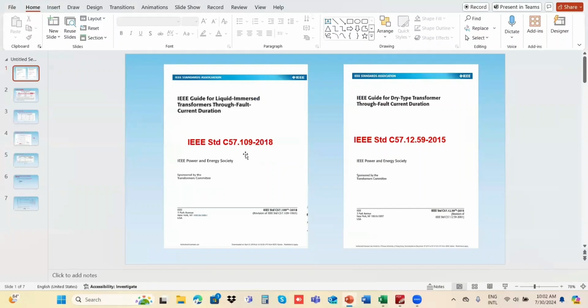So actually, there are two guides for the transformers for the true fault current duration. We have the IEEE standard C57.109-2018. This is for the liquid immersed transformers or the oil type transformers.